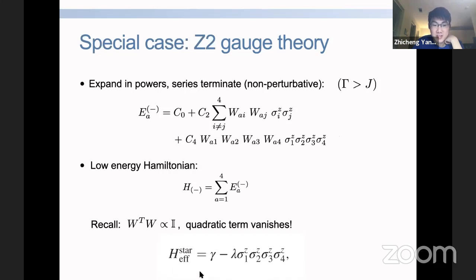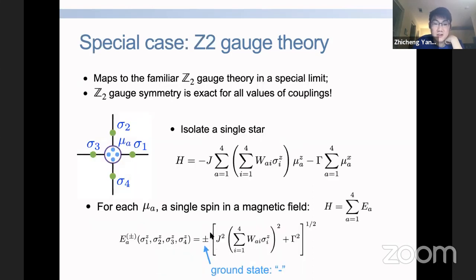So you're left with an effective Hamiltonian in the low energy sector that has this form, with gamma minus lambda. Although I'm doing an expansion, this expansion is exact; it actually converges. So this is your Hamiltonian in the ground state sector, meaning that, remember, I chose minus for all the stars.